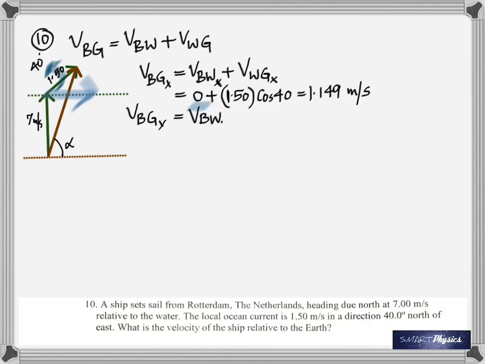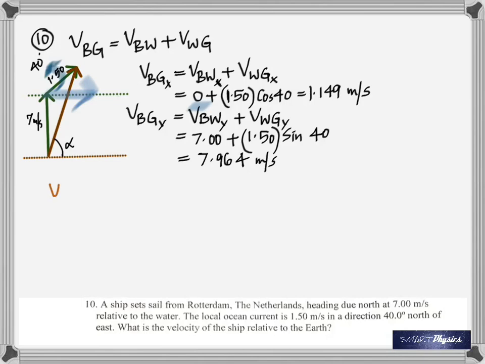Just try to understand them. And along the y, again the two components along the y, 7 and 1.5 sine 40. So you have those two velocities.